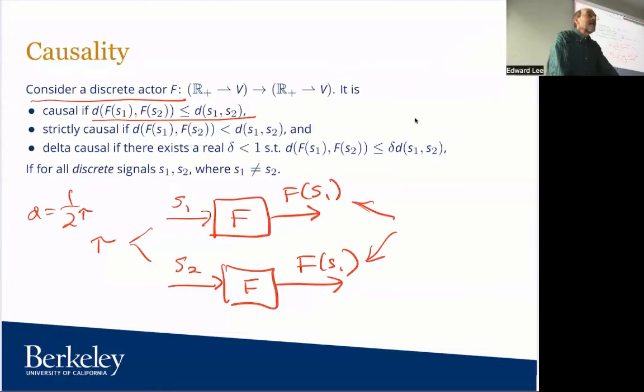If it's less than tau, we have an acausal system. We have a system that is able to anticipate future inputs. Okay? So the distance between these outputs is always going to be less than or equal to the distance between the inputs.